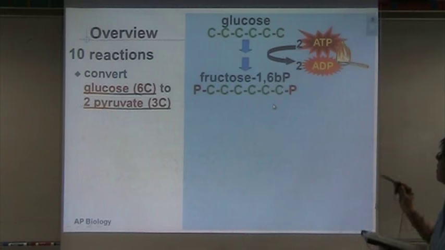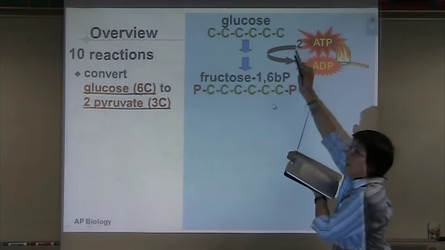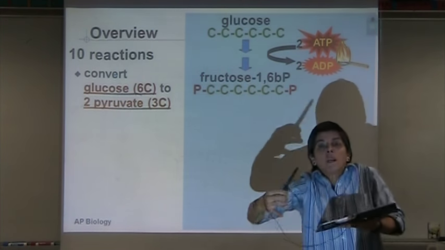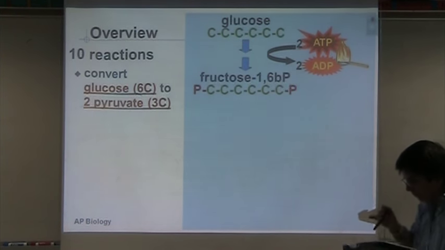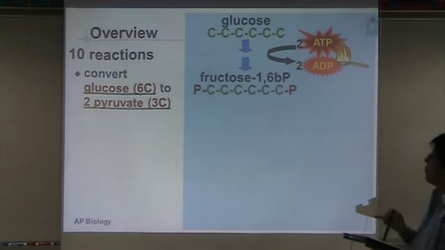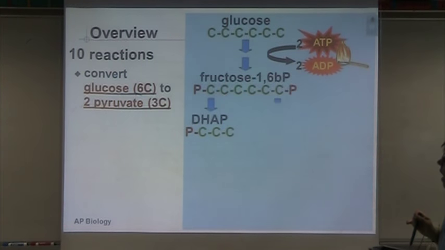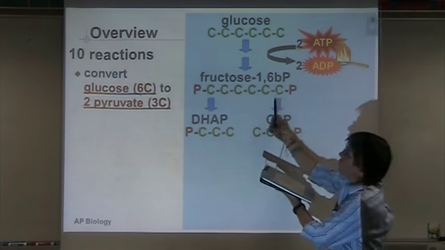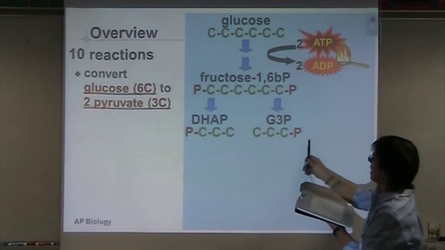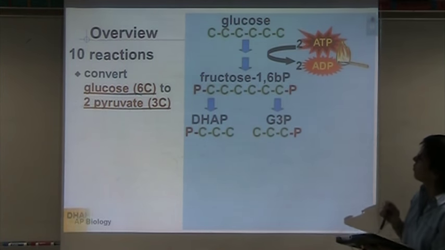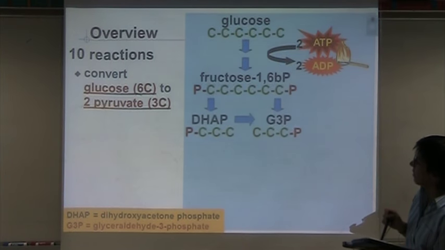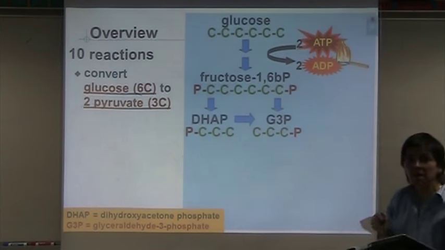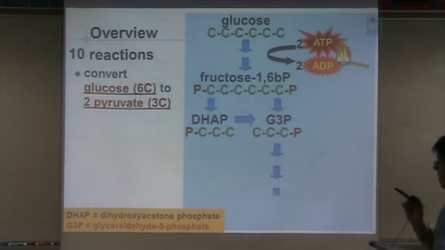Don't worry about that. Remember that we need to add ATP to activate, to energize the molecules, to prime them, if you wish. After that, remember that the fructose, when it's unstable, is going to break into 2 compounds. And the compound that continues the cycle is really G3P, glyceraldehyde 3-phosphate.